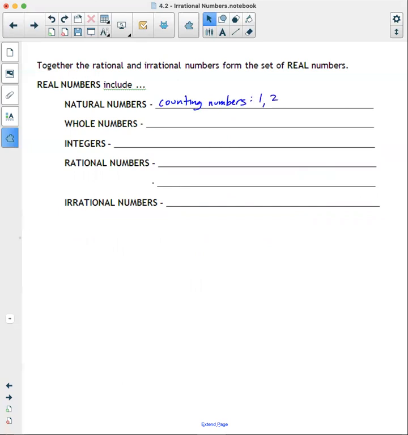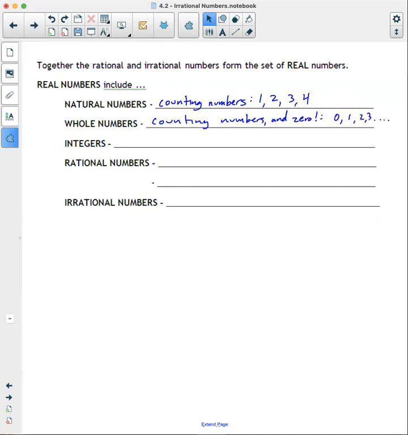Okay, 1, 2, 3, and 4. Our whole numbers are going to be our counting numbers and 0. Zero, 1, 2, 3.